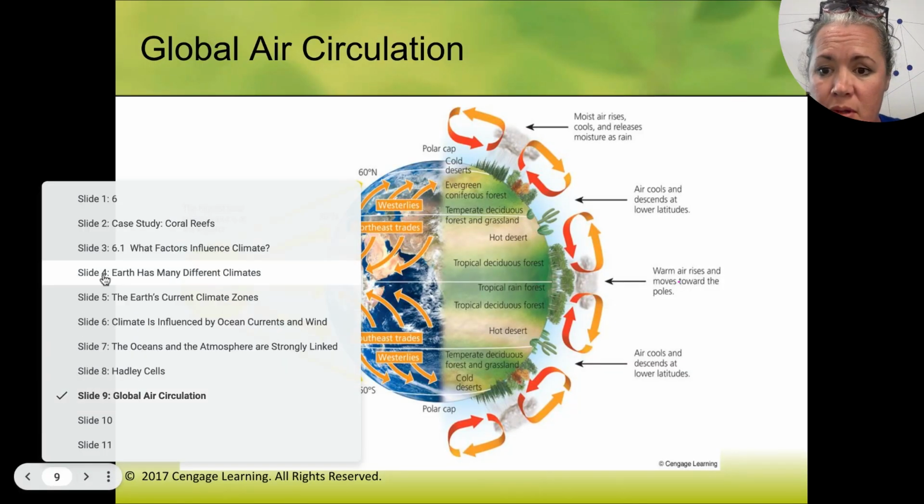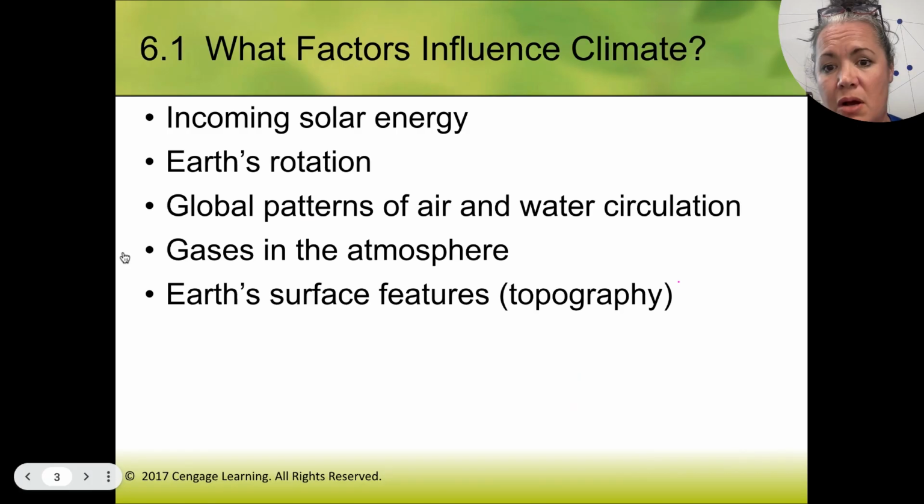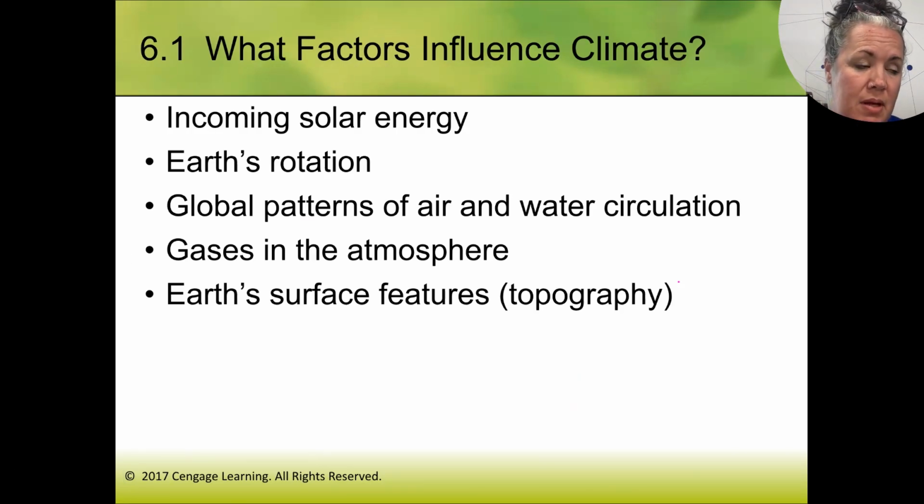And are you able to talk about the gases in the atmosphere and how overall the gases work to trap heat? And then how we see the Earth's surface features, like the land itself and the mountains, how does that affect overall climate? So I want you to connect those ideas, make sure that you create questions in the left-hand column, and that you create a summary for each of those 3 pages, and then you're turning that in.